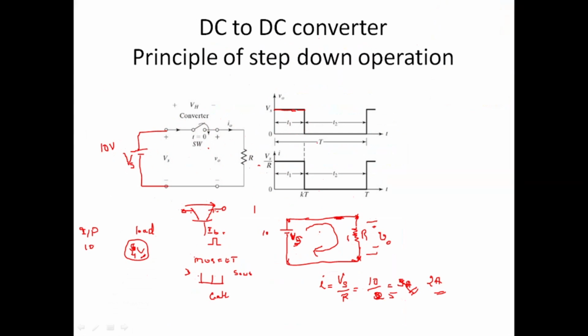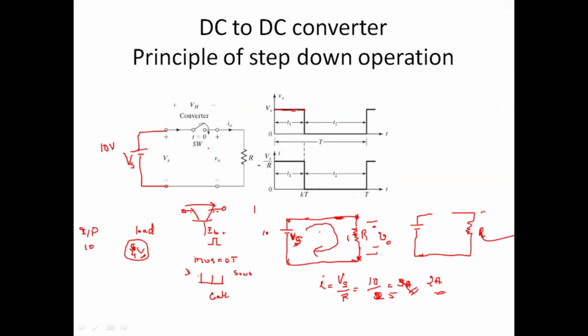So assume that suddenly we open this switch. At that time, if you write the equivalent circuit, the switch is open here, so this is an open switch. Here there is a resistance.